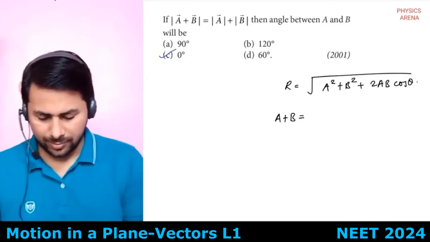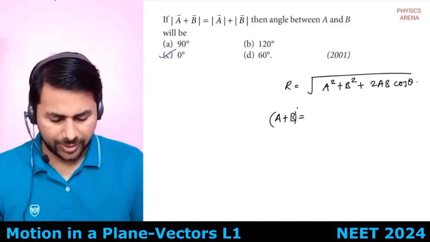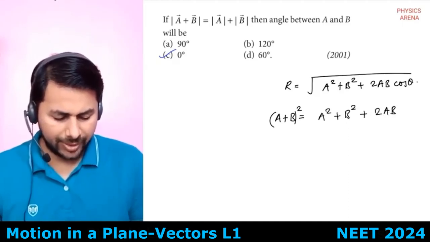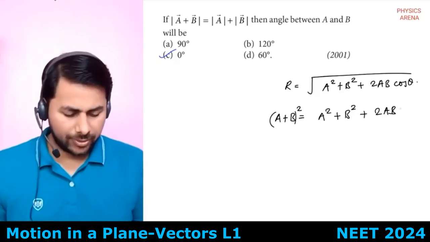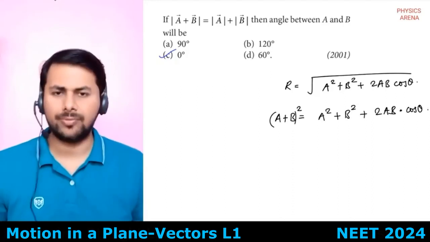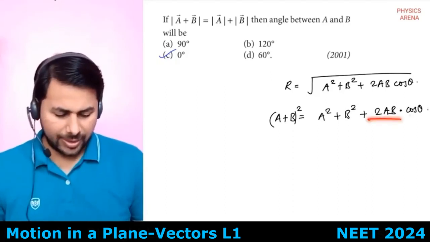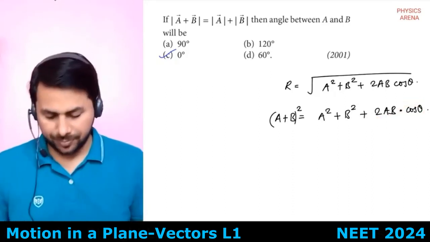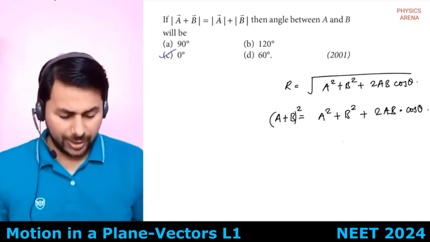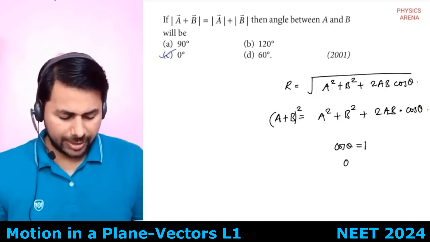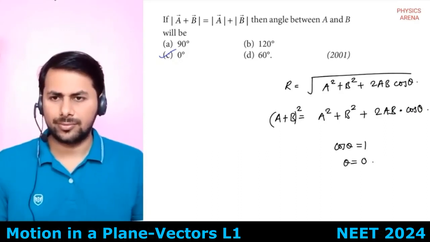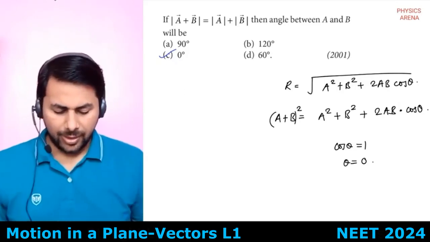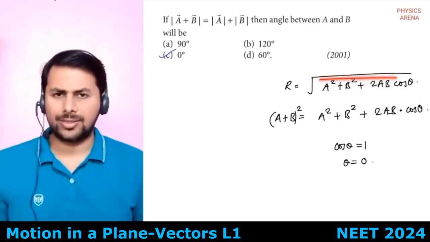So if you square it, it will be equal to a square plus b square, plus you want 2ab here, because (a plus b) square is a square plus b square plus 2ab, but you have this cos of theta in multiplication with 2ab. That means cos theta must be equal to 1. So if cos of theta is equal to 1, that means theta is equal to 0. But this is lengthy way, we can say.